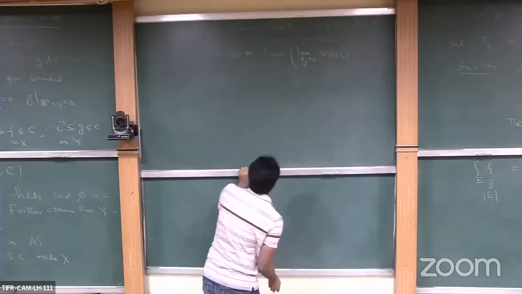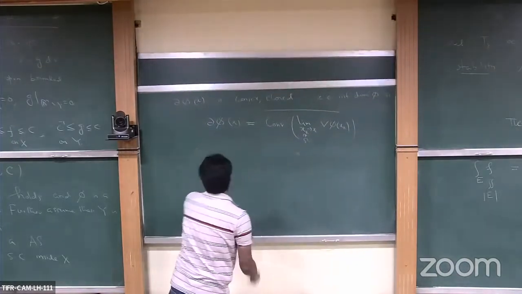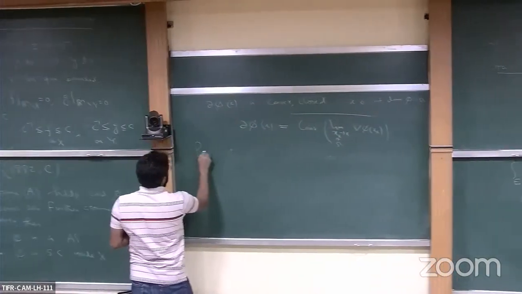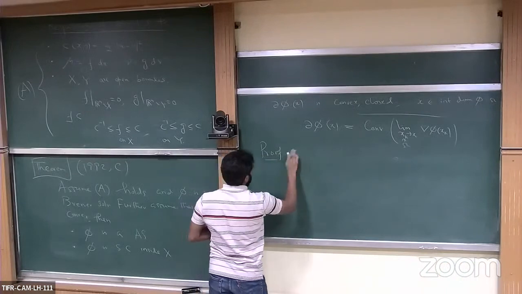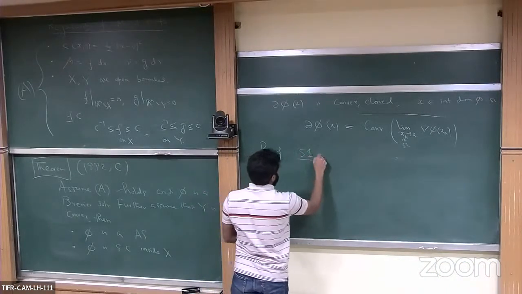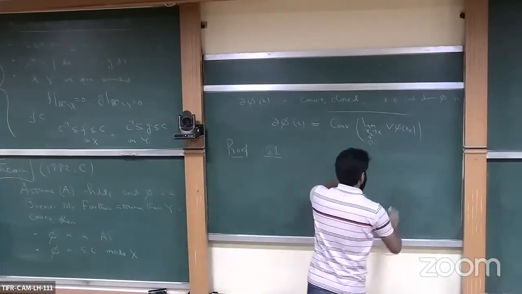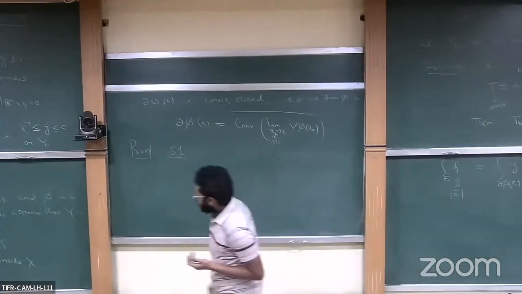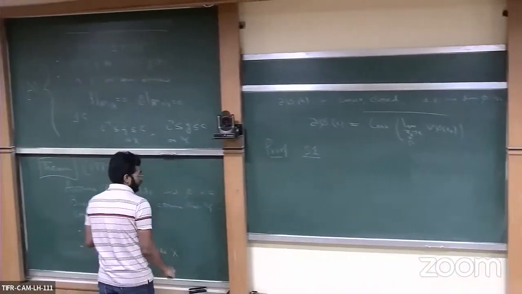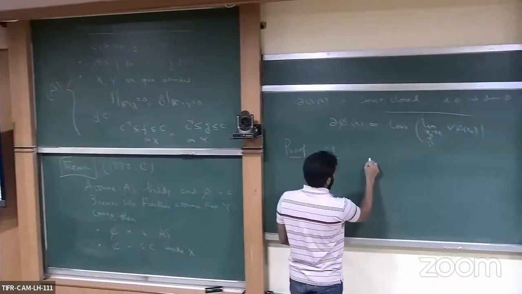I'm going to divide the proof into several parts. Step one. First, you remember that our potential is given by the supremum. So phi is convex, right?